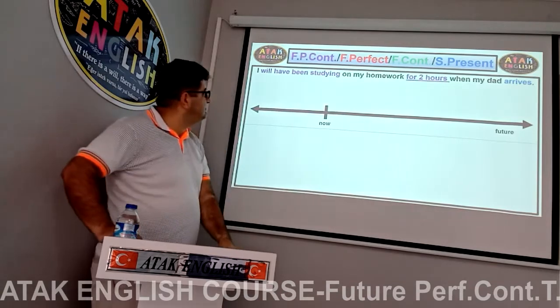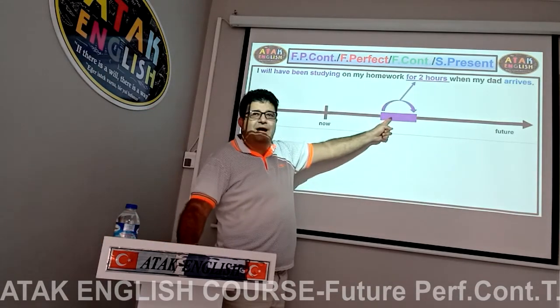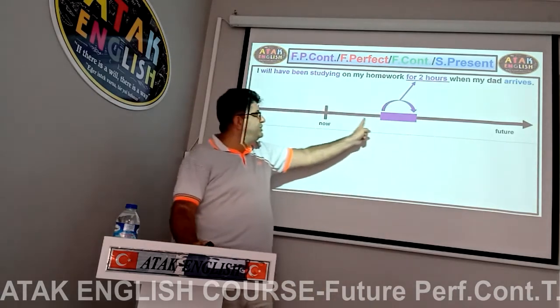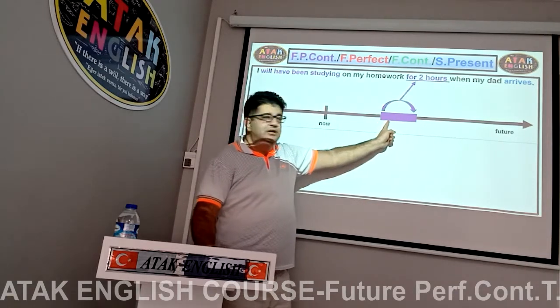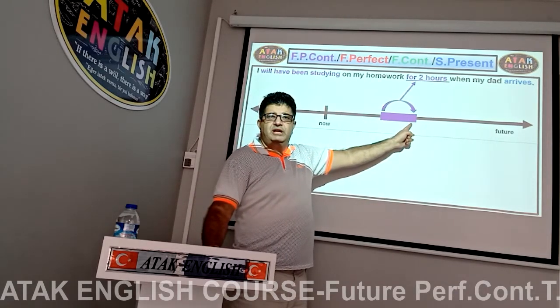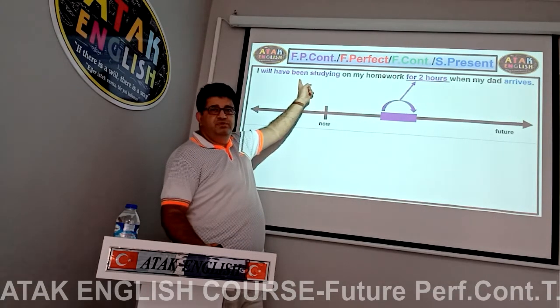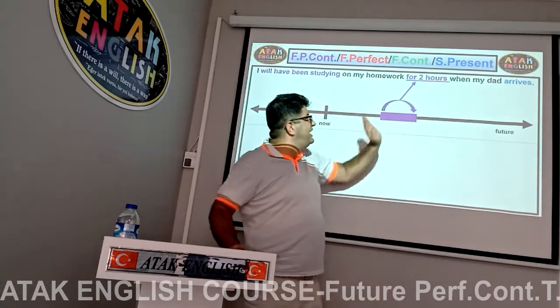Okay, let's see it on the timeline diagram. Here comes for 2 hours. It's in the future, continuous, a period, a duration of an action, and is in future perfect continuous before another action.